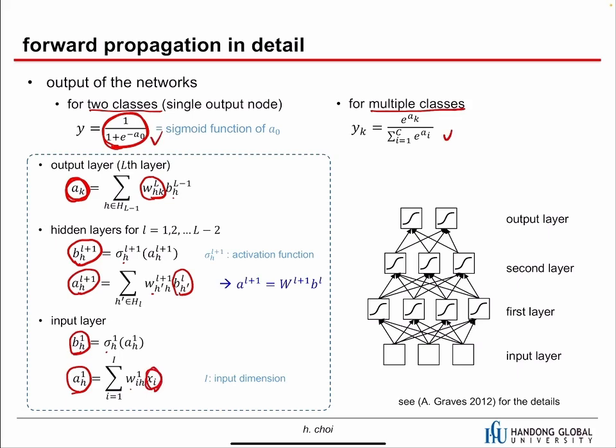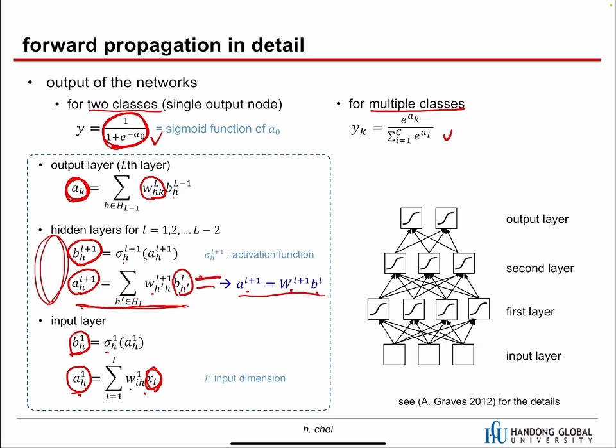From input, multiply the matrix, and then we get the A, and apply the nonlinear function, we get the B, and iteratively we run these layers, and this equation can be rewritten by a matrix formula. So this is a vector, and this is a matrix, and this is a vector. In these equations, we have the element-wise equation. So basically these two equations are the same.